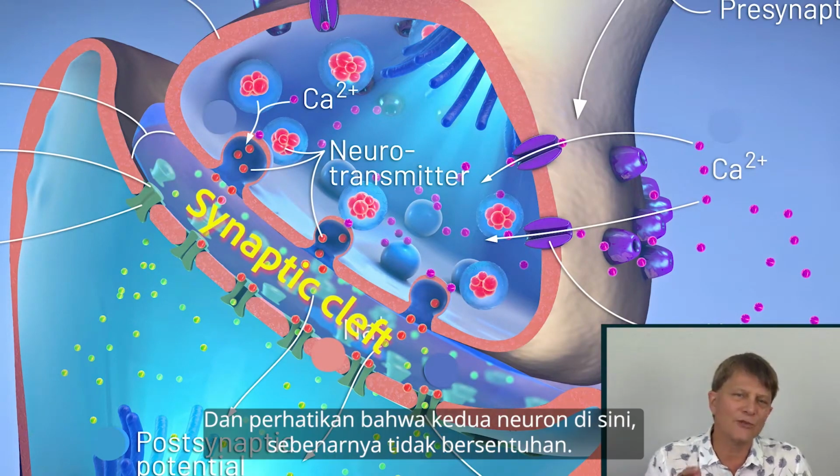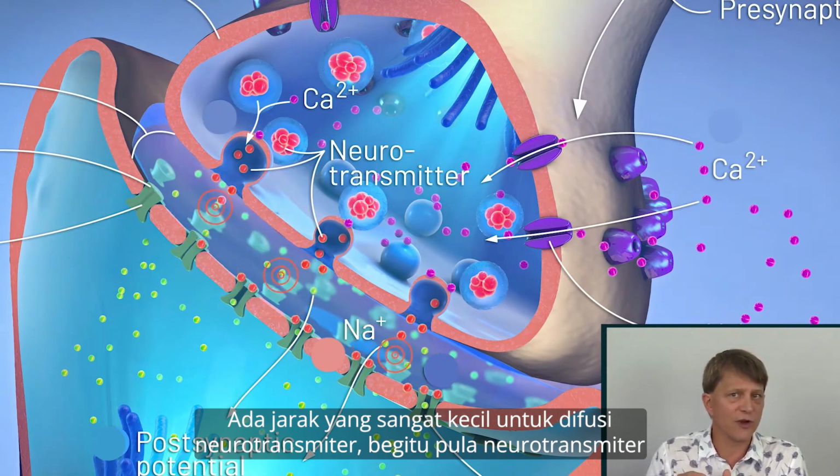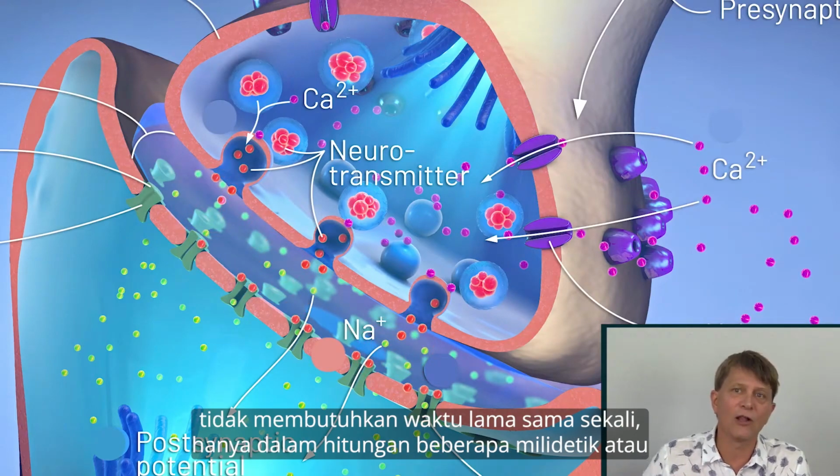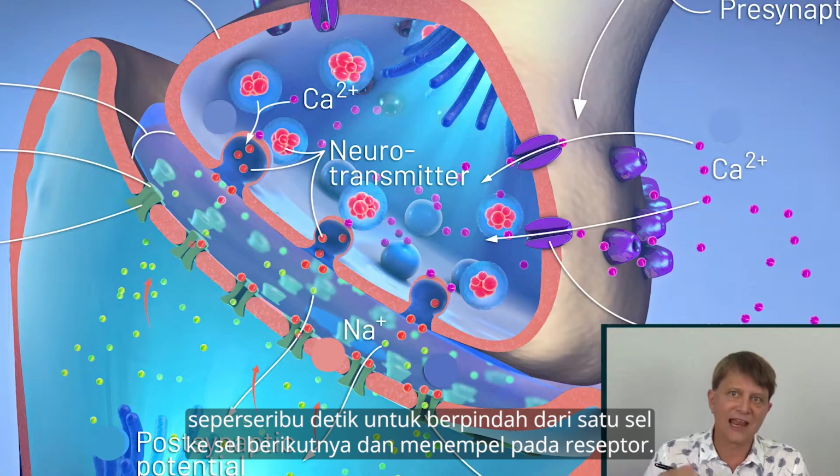And note that those two neurons are not actually touching. There's an incredibly small distance for diffusion of the neurotransmitters. So the neurotransmitters take hardly any time at all, a matter of just a few milliseconds or a few thousandths of a second, to get from the one cell to the next and latch onto the receptor.